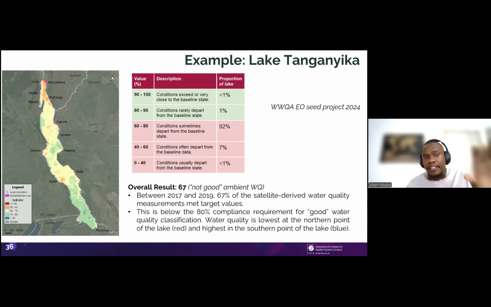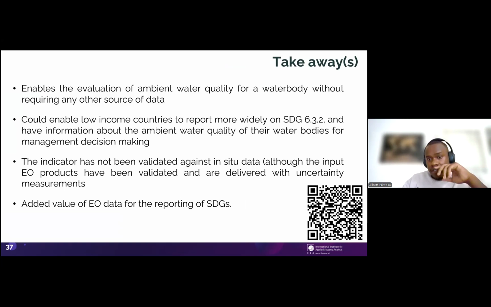And you can see here that the northern part of Lake Tanganyika is where it's predominantly reddish or brownish, and that is where it has the highest risk or the lowest performance in terms of this good ambient water quality condition.